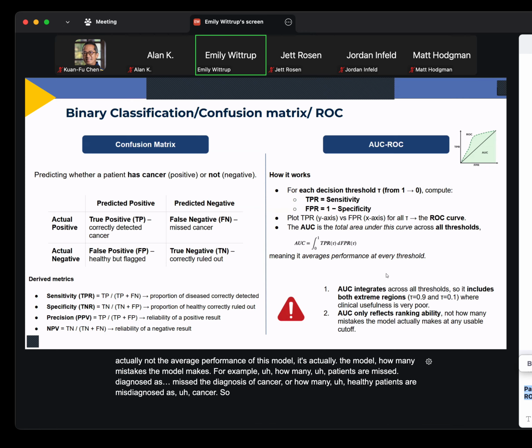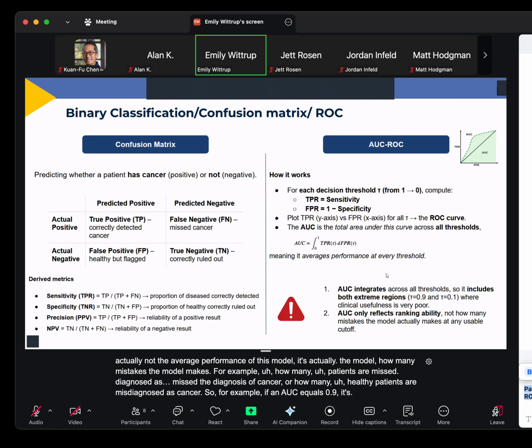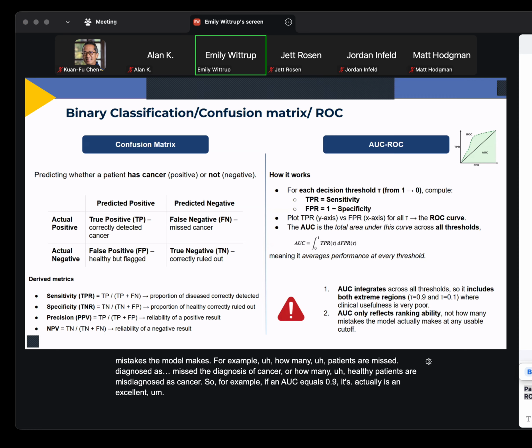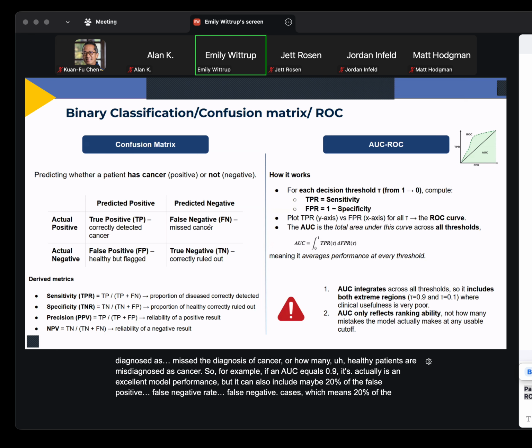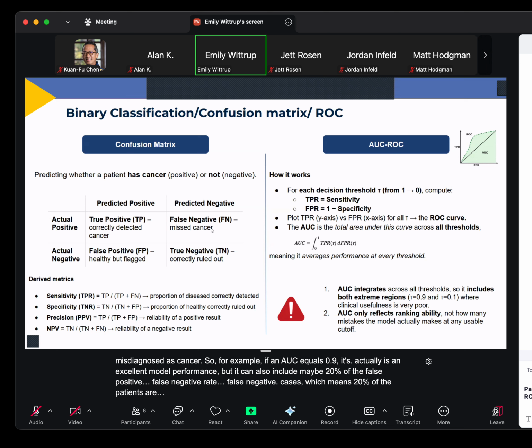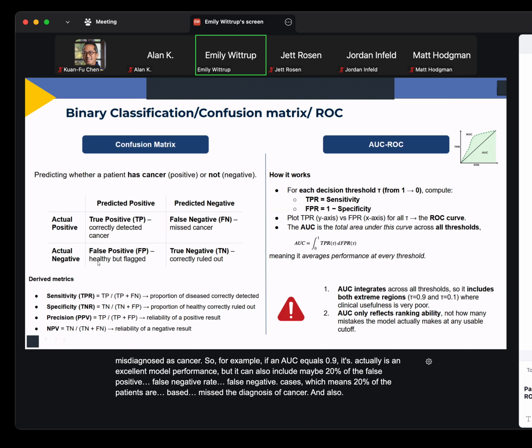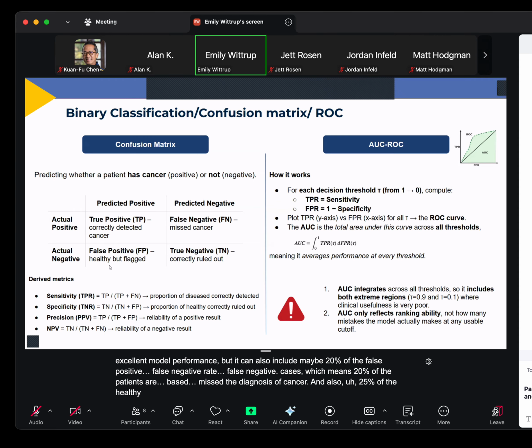So, for example, an AUC of 0.9 is an excellent model performance, but it can also include maybe 20% false negative cases, which means 20% of the patients have their cancer missed, and also 25% of the healthy patients are diagnosed as cancer. So in practice, it's not that good.